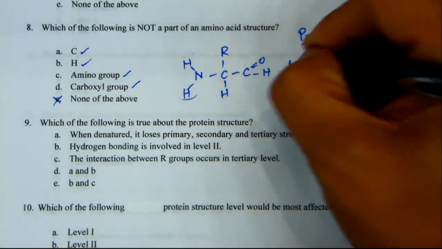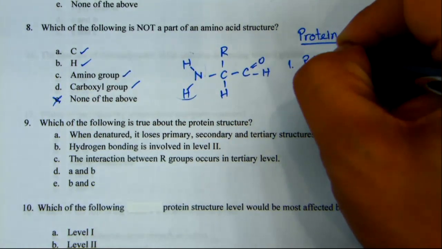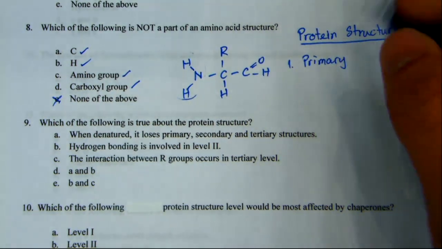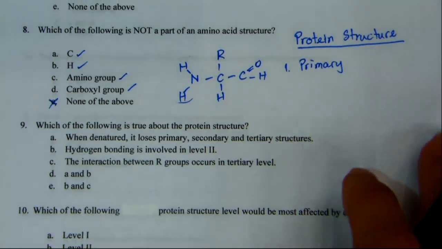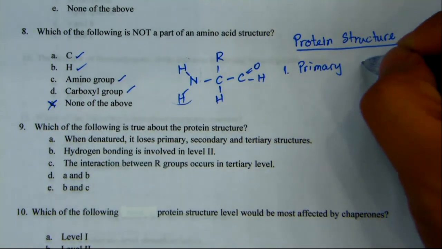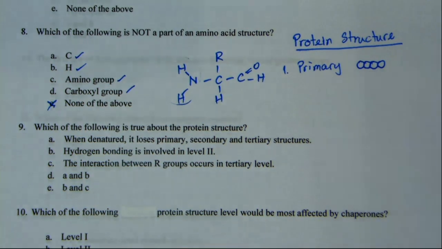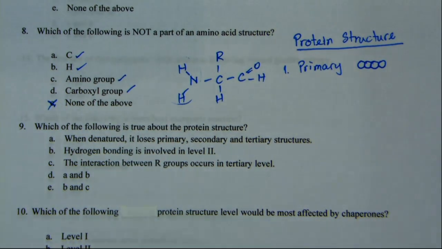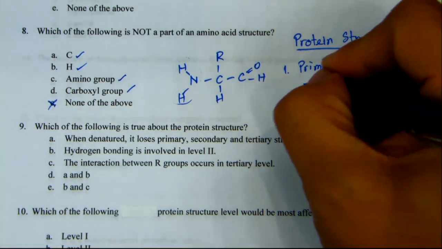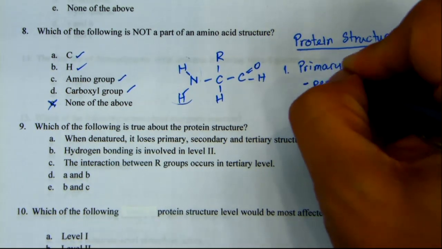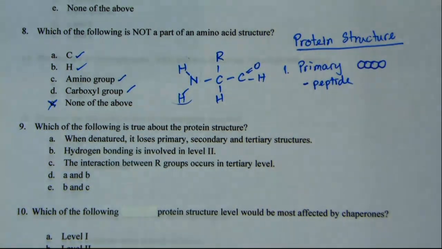We have primary. So primary would be, we would have amino acid, right? And bind as a string. So what happened between amino acid group is we have the peptide bond. So the key here, in this one we have peptide, right? So what else that happened?